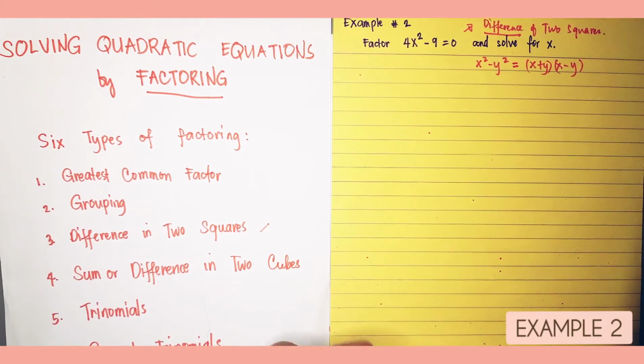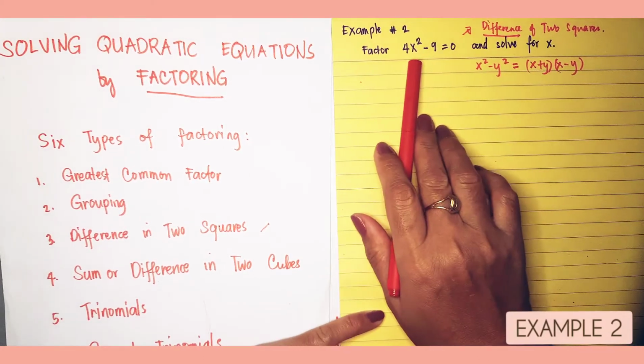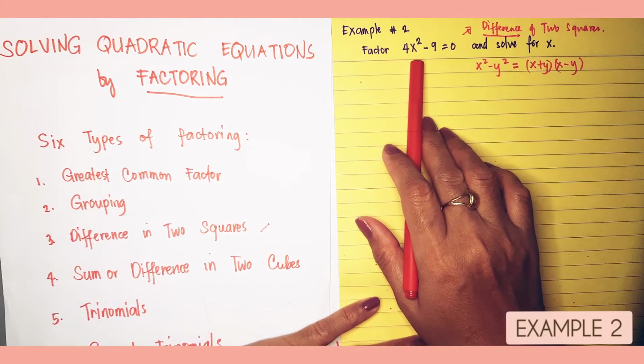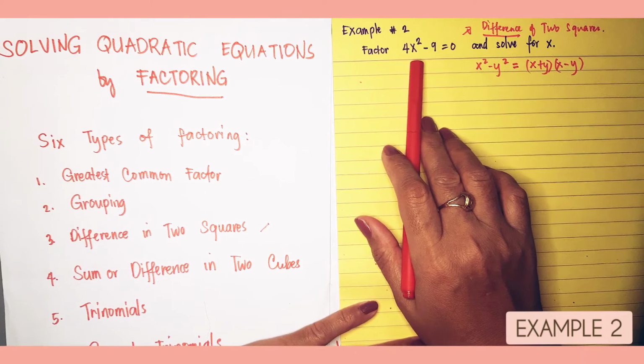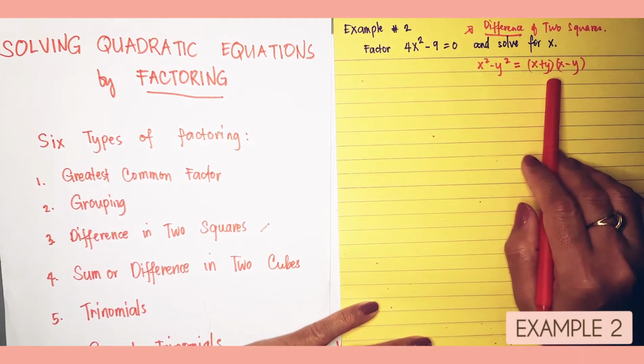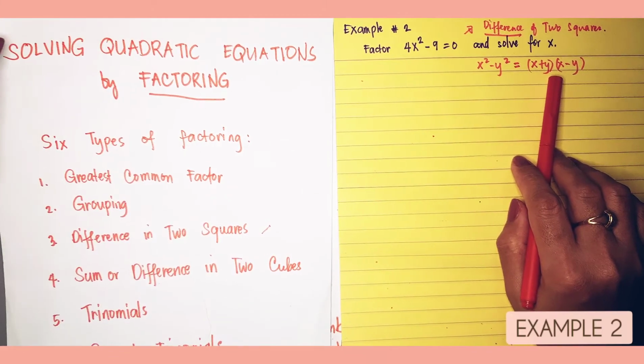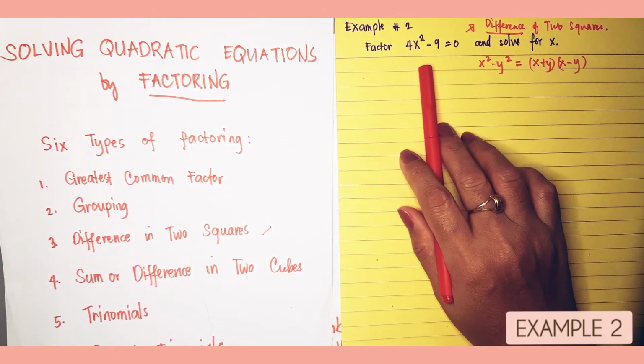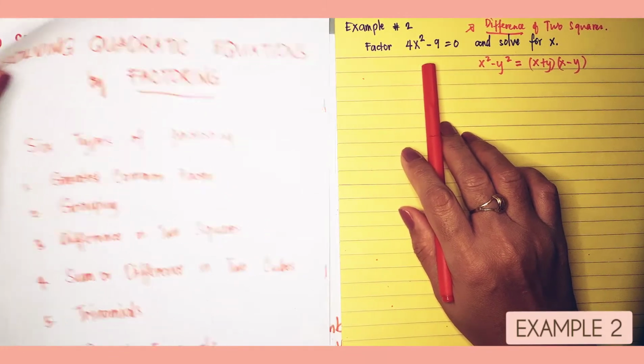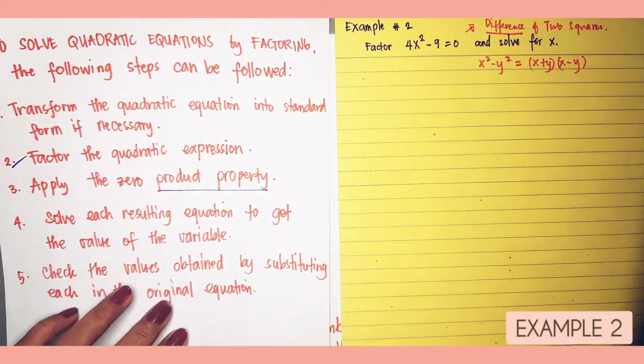So in other words, if this is an example of a difference of two squares, we can simply factor it out using this pattern. So let's solve this given equation using the steps given.